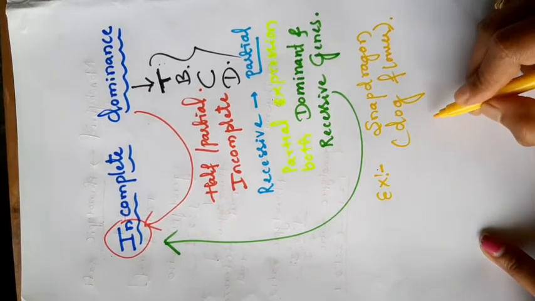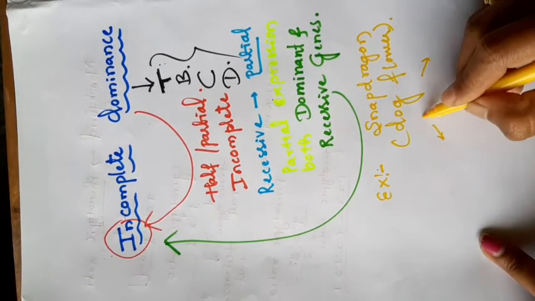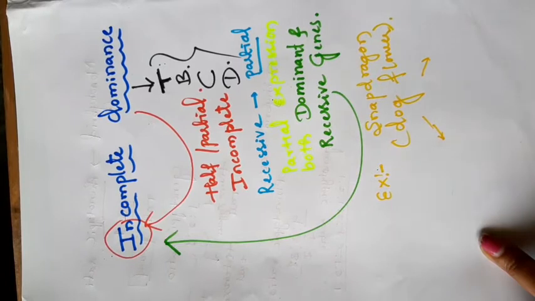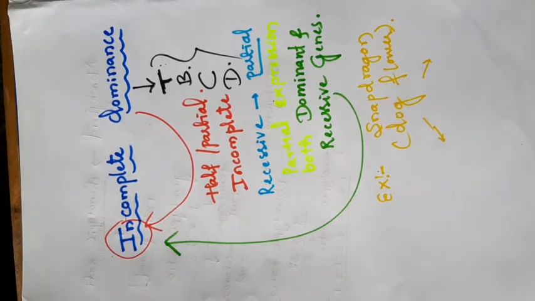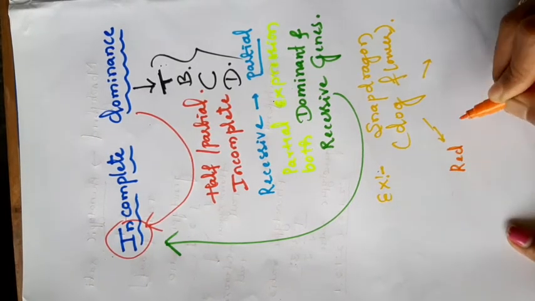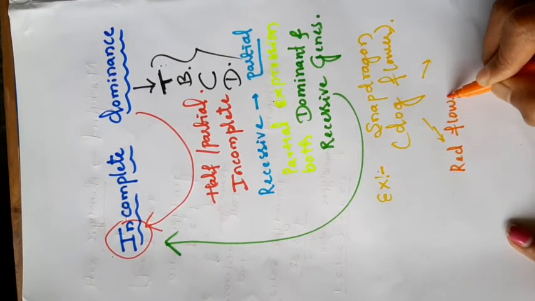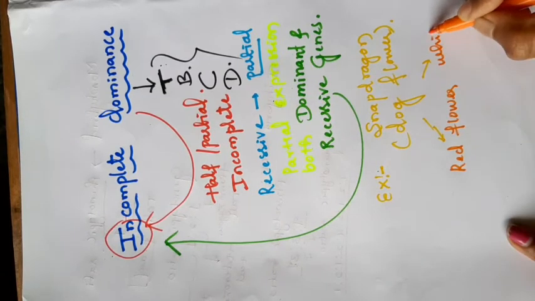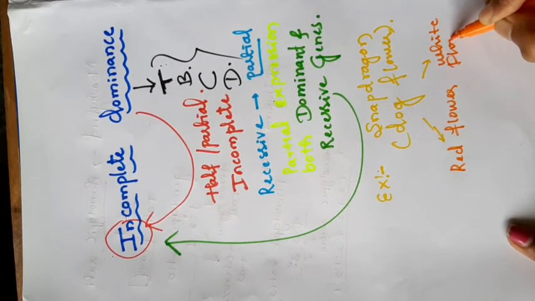It's a very good example for the incomplete dominance mechanism. In the snapdragon there are two flower colors, red flowers and white flowers.